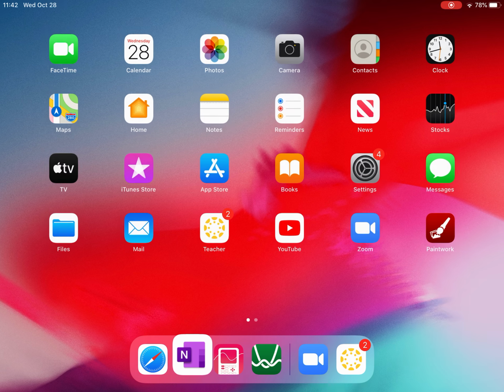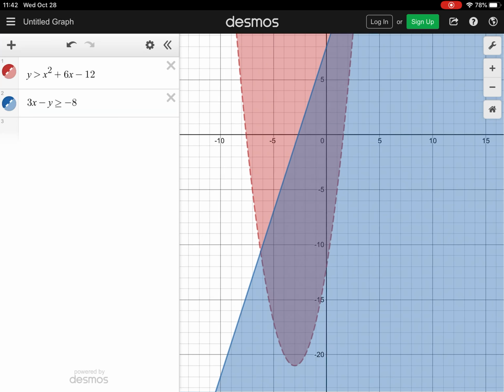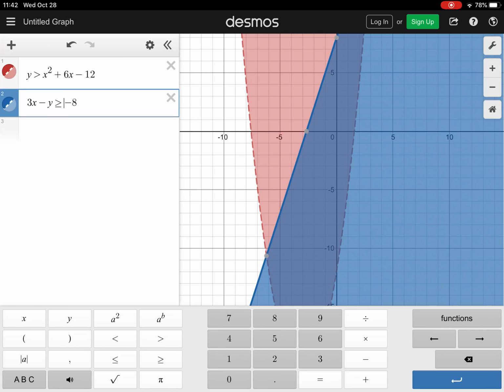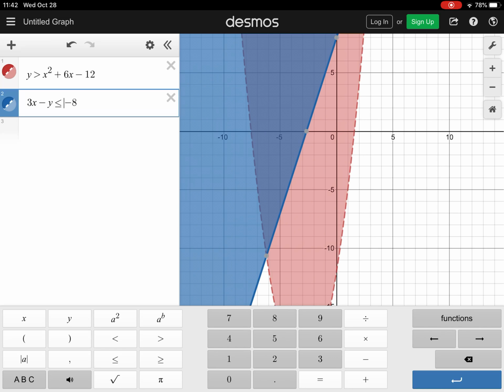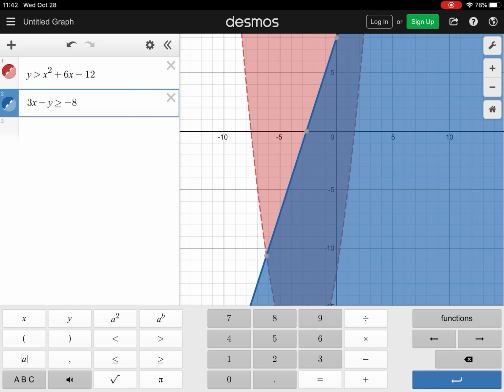And then the part I want to pay attention to is where do they overlap? So where does the blue overlap the red? Notice it is in the middle. That's not always the case. I could have a question where this sign changes. And notice there's a different shading if the sign changes. So pay attention to your signs. They are important.